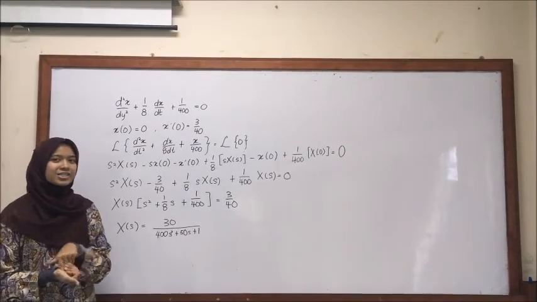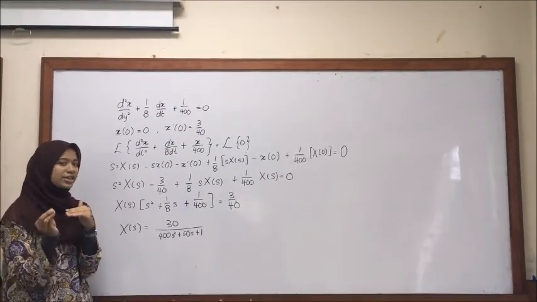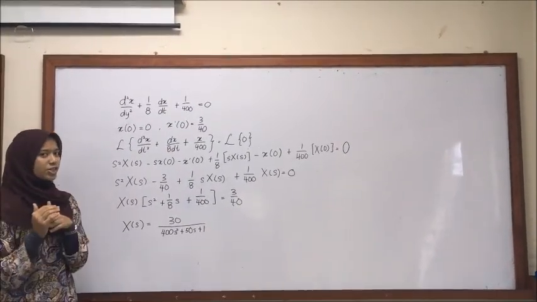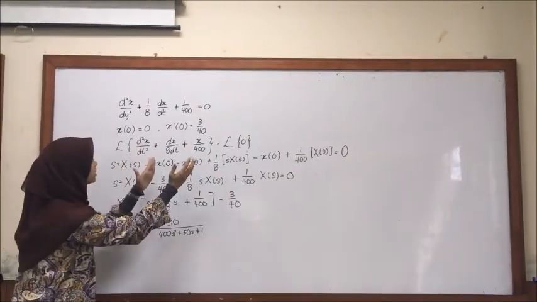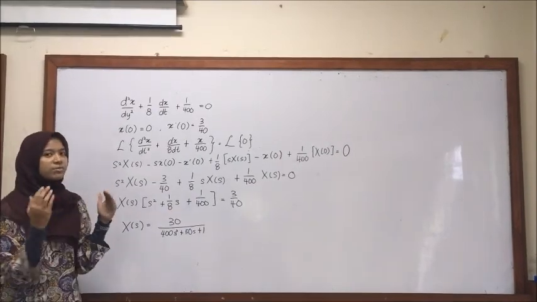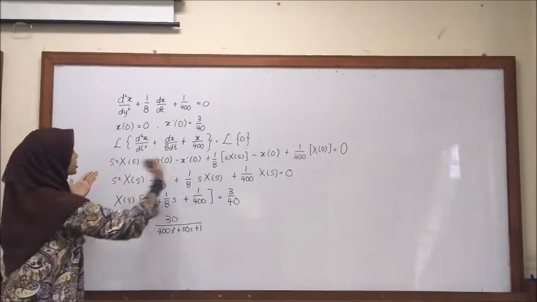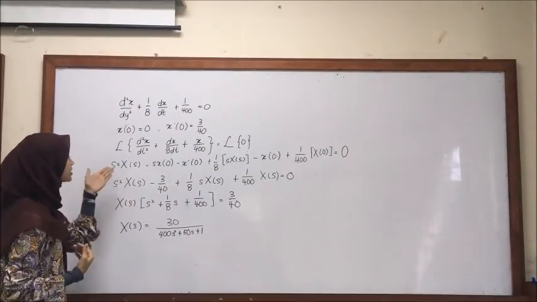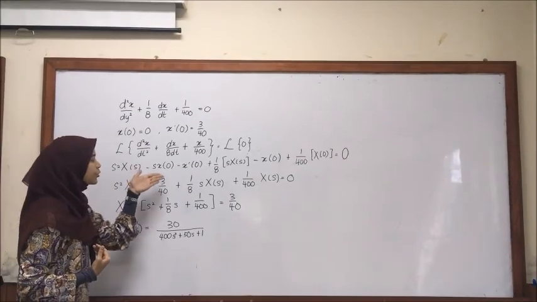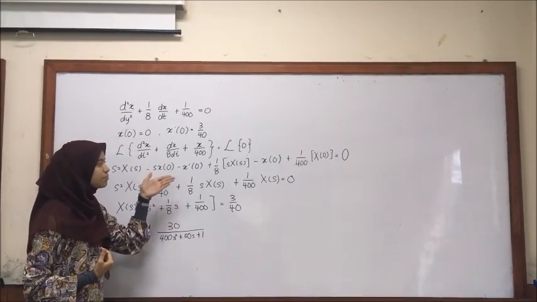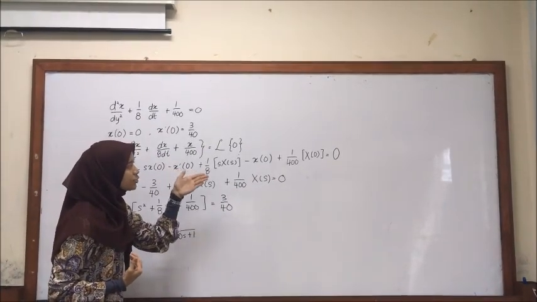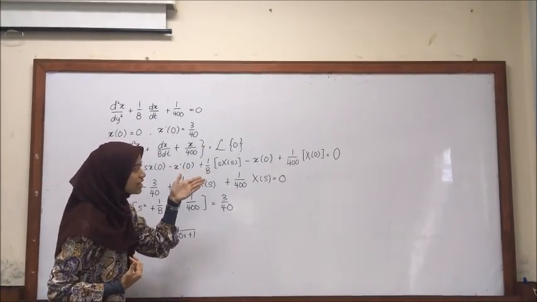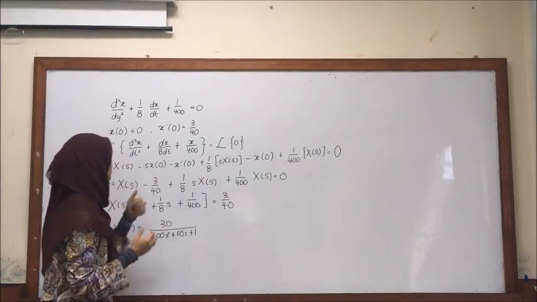In order for us to solve this second order ODE, we need to perform the Laplace transform. So we perform the Laplace transform on both sides of this equation. By using the table of Laplace transforms, we get this result: s²X(s) minus s x(0) minus x'(0) plus 1/8 (sX(s) minus x(0)) plus 1/400 X(s) equal to 0.